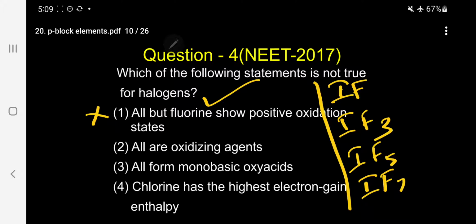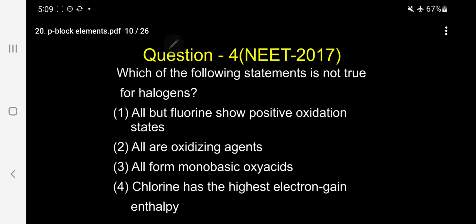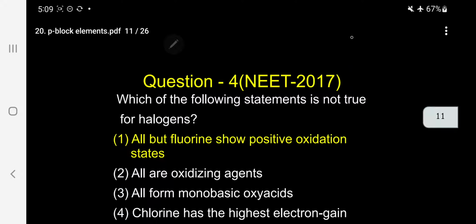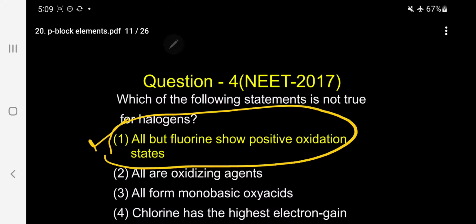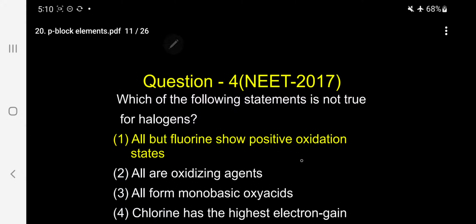So this is the most important. Kindly follow. Next, the correct answer is A. Please follow. All but fluorine show positive oxidation state is not true for halogens, because fluorine always shows a negative oxidation state, that is -1. This we have already studied under the oxidation state itself.